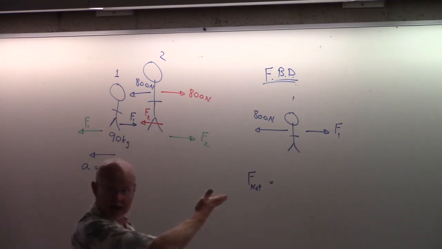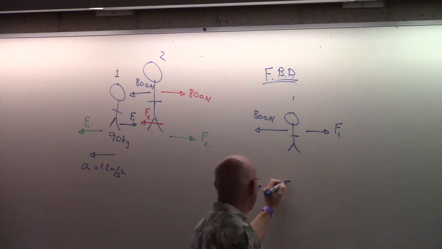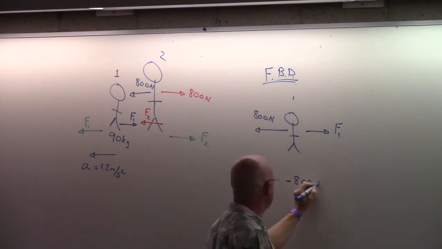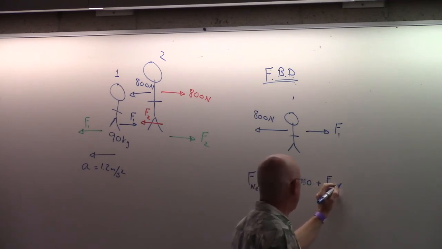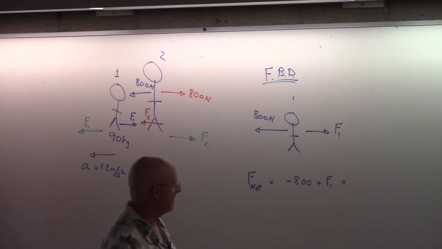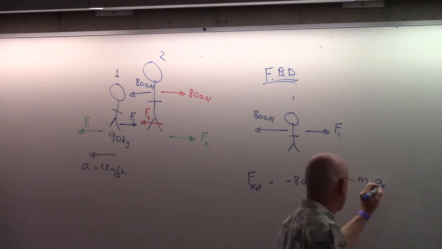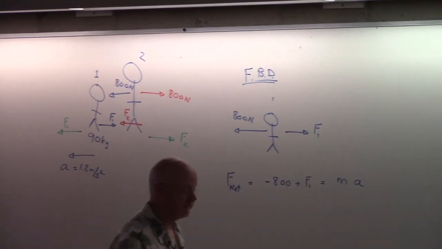Now that I got the free body diagram, I would have a negative 800, a positive F1. That is the net force. And net force has to equal what? Mass times acceleration.